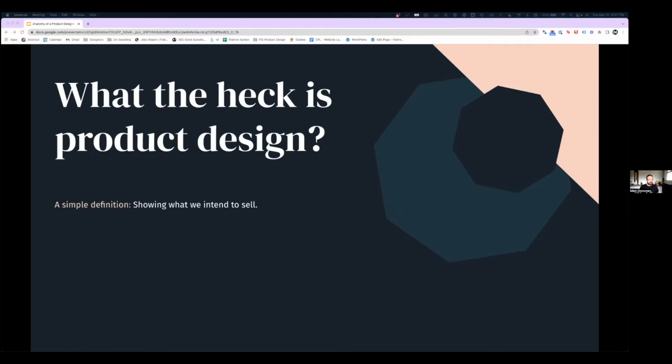Our job as product designers is to synthesize information from a handful of different parts of the business and package that up together to help everybody get on the same page and understand what it is we're trying to make.